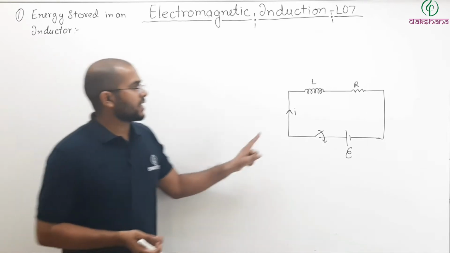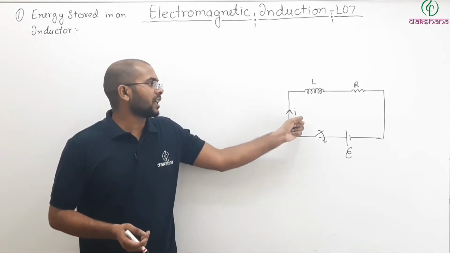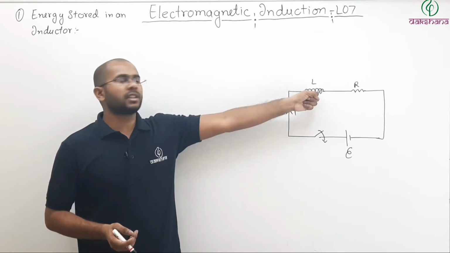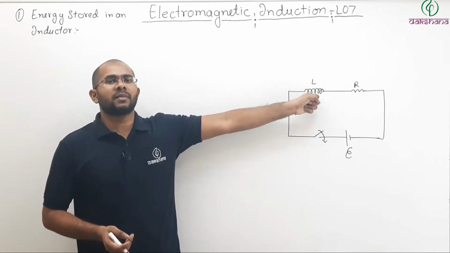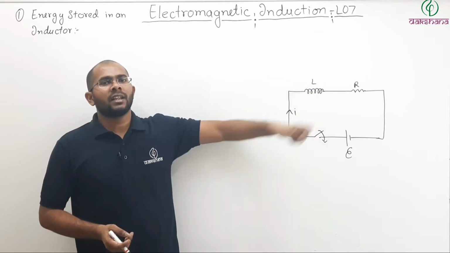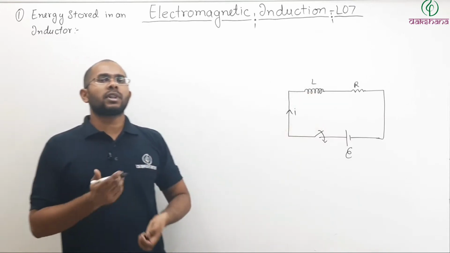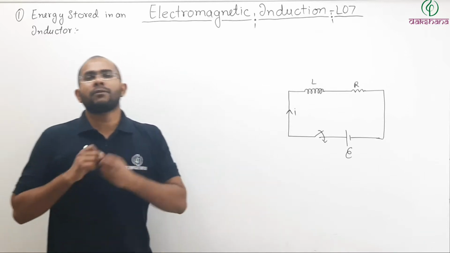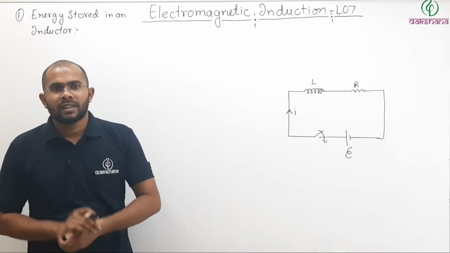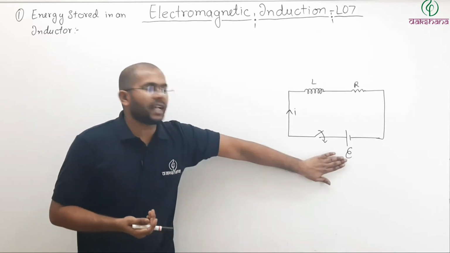Now because of this current, a magnetic field is produced in this inductor, and since there is a magnetic field, there will be some amount of energy stored in it. From where will that energy come? That energy will come from your battery.